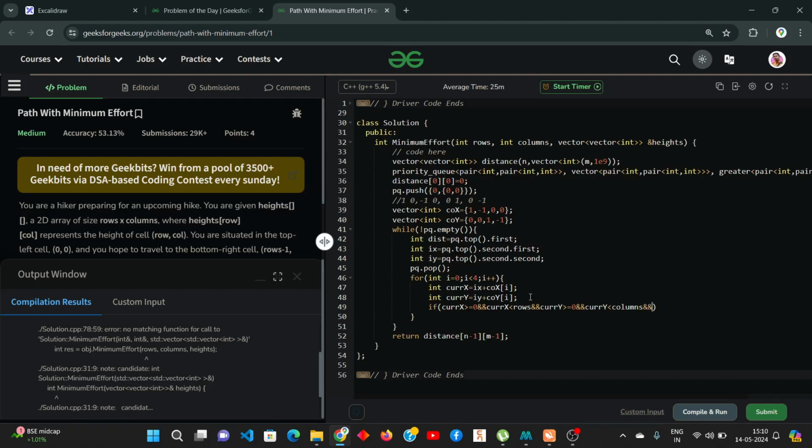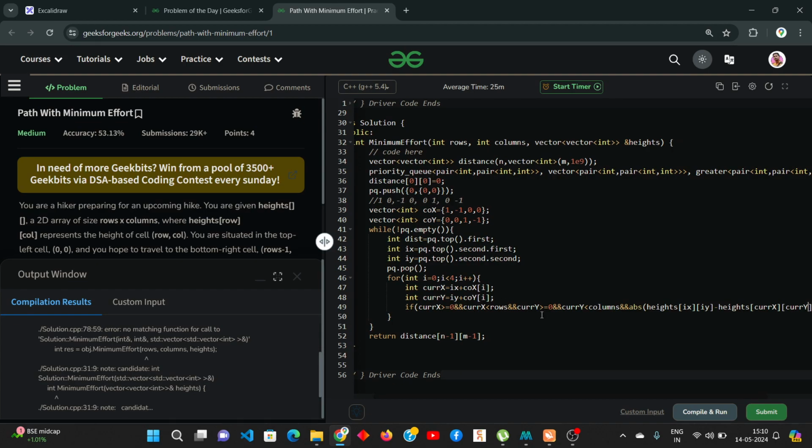Okay, and we have the main condition, that is we have to get the ABS value of the difference of two adjacent nodes, basically the current node and the previous node, that is ABS of heights of the previous node, ix iy, minus heights of cx cy, and we have to compare it with another value, that is the previous weight, the distance that we have stored here, and we have to take the max of this, right?